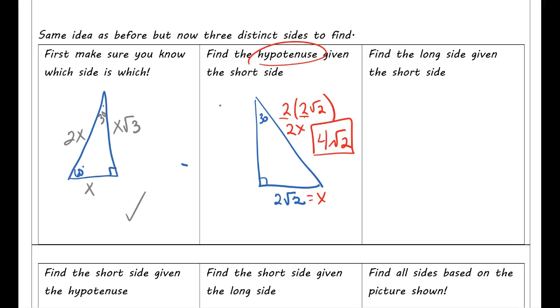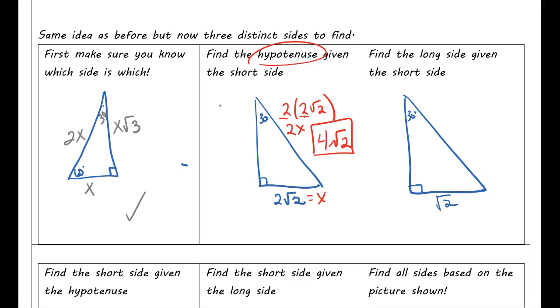Okay, so here's another example. Find the long side given the short side. Let's call that one the 30 again. And maybe now it's going to be the square root of 2. Okay. So have they given us the short side? Yes, they have. So what are we going to do?